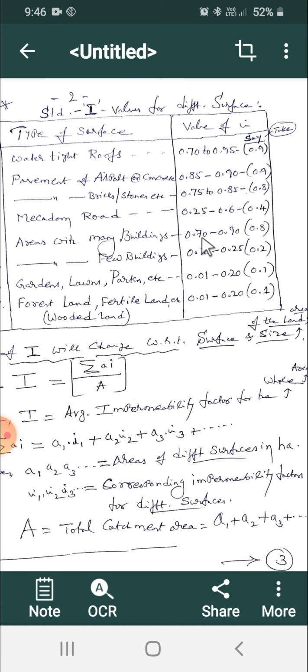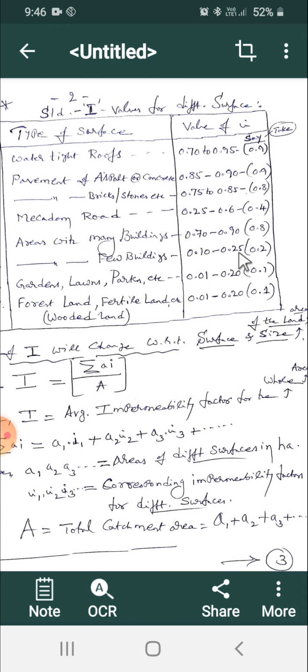Many buildings means 0.7 to 0.9, and 0.8 is typical. Few buildings means land area is more, the soil is exposed to the atmosphere. This soil will absorb more water. So with few buildings, the value is less, varying only from 10% to 25%.